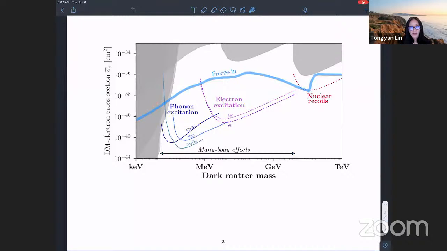That's one example of a kind of thermal relic. The blue line is exactly where you want to live for the couplings to get the thermal relic through a dark photon mediator. All right, and as always, feel free to interrupt with any questions, comments.